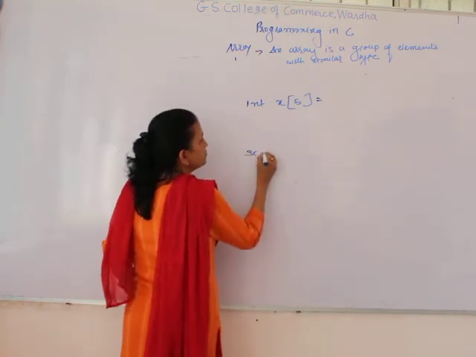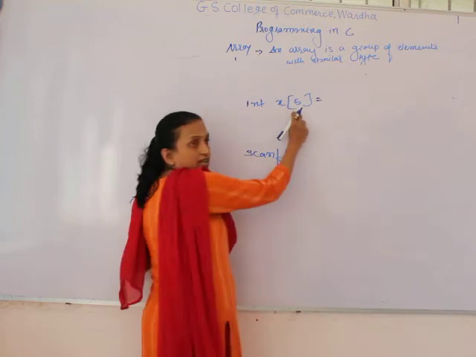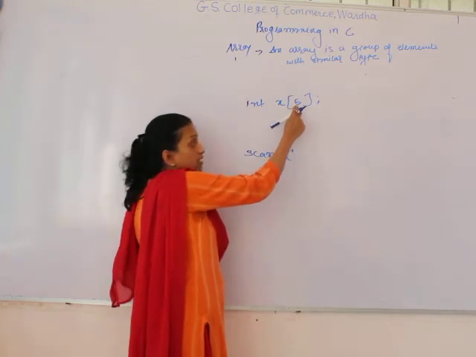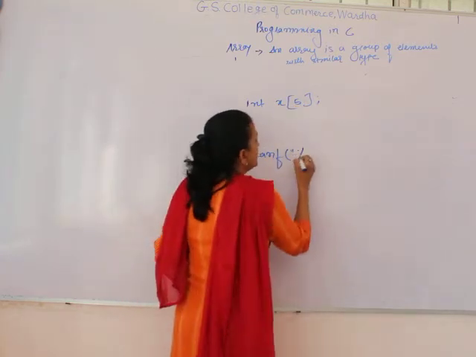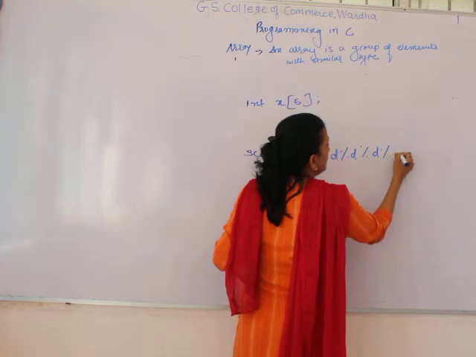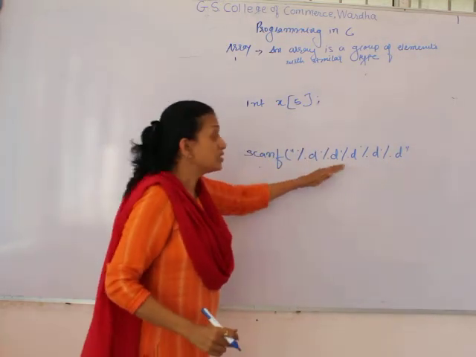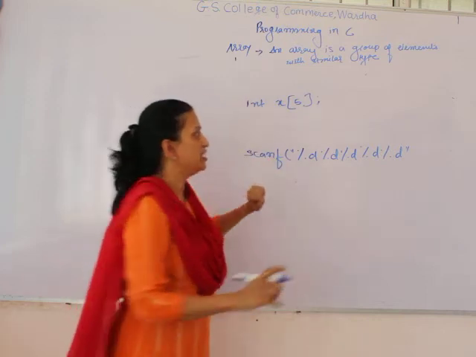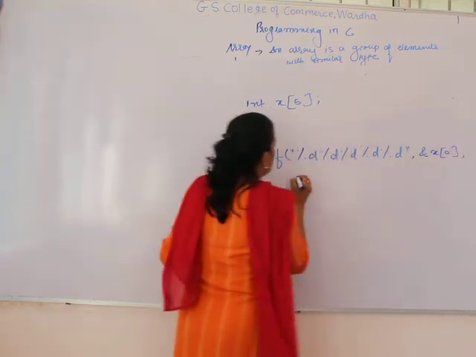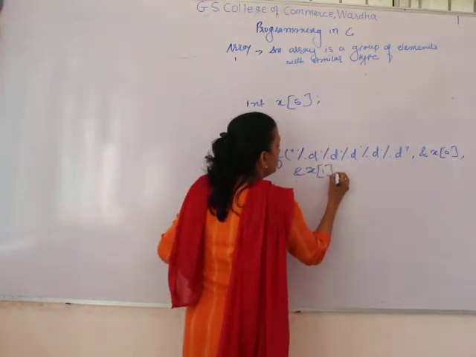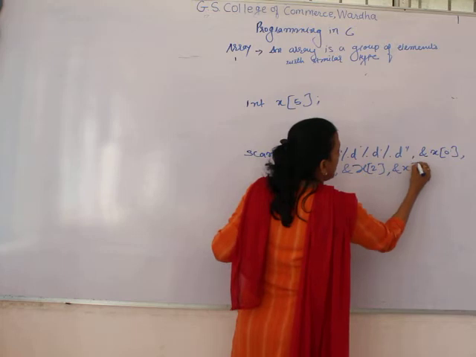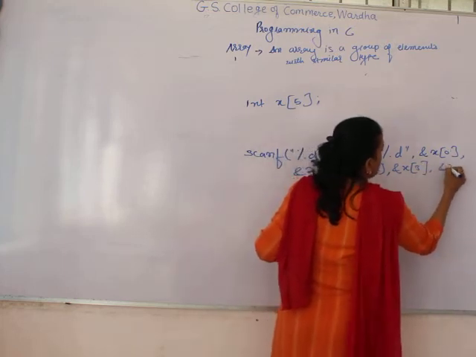You are assigning the array variable of size 5, so %d, %d, %d, %d, %d: you have to write the control string 5 times for 5 values, and the first value will be stored at the address of x0, address of x1, address of x2, address of x3 and address of x4.